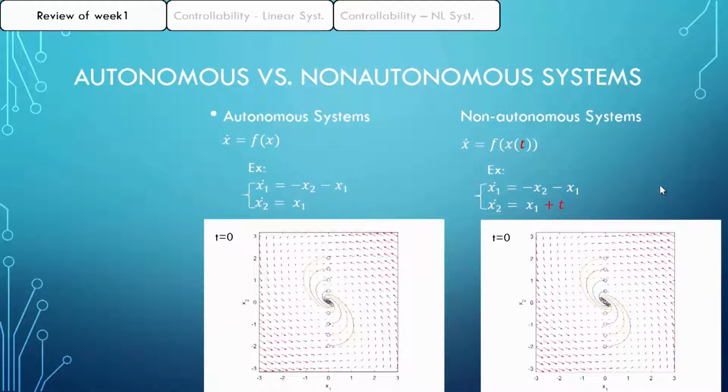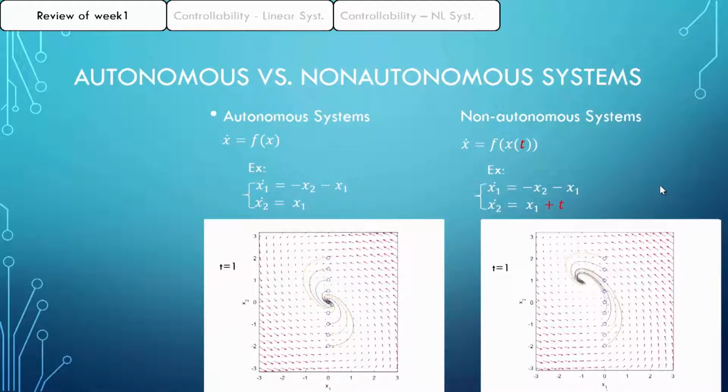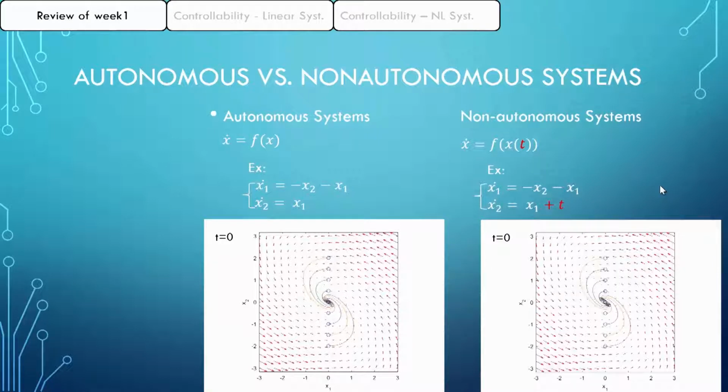So how about at t equal to 1? At t equal to 1, it remains the same because the dynamics never changes, right? But here, at t equal to 1, compared to t equal to 0, this equilibrium point moves up to here.